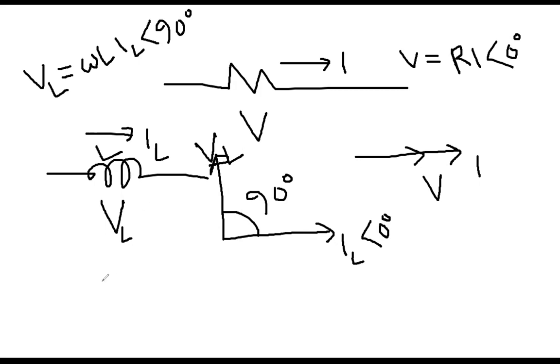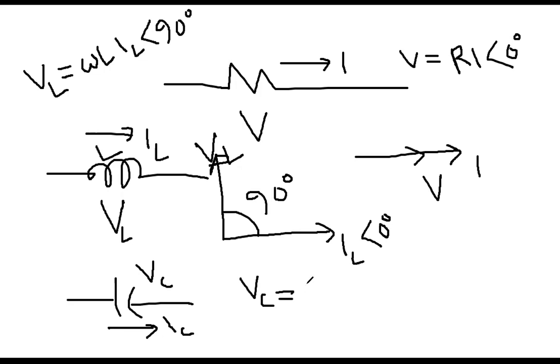But in the case of the capacitor, this is your VC, for example, and current flowing is IC. Then what conclusion did we get? We got that expression, VC equals 1 over omega C times I, with angle minus 90 degree.